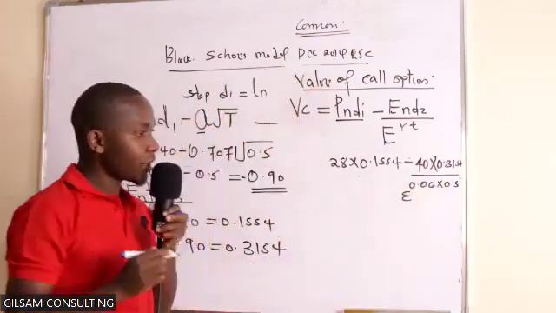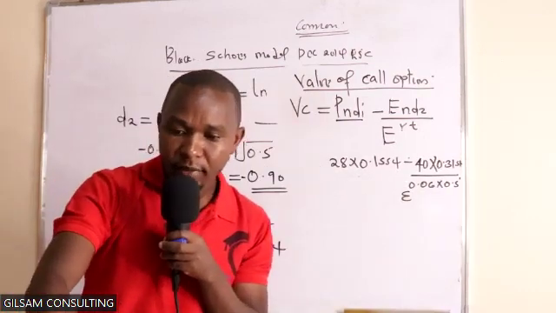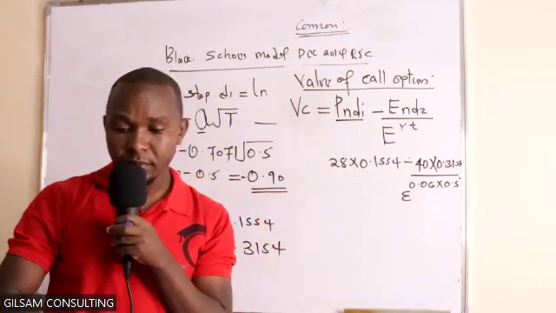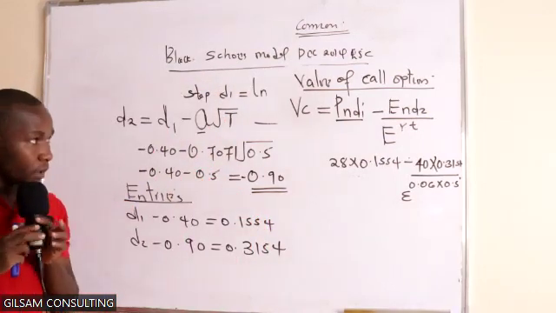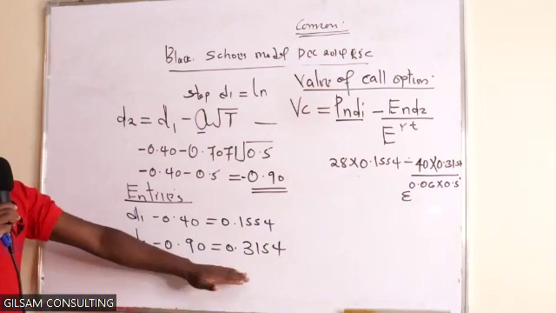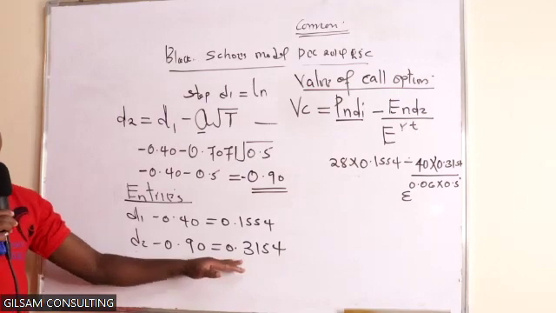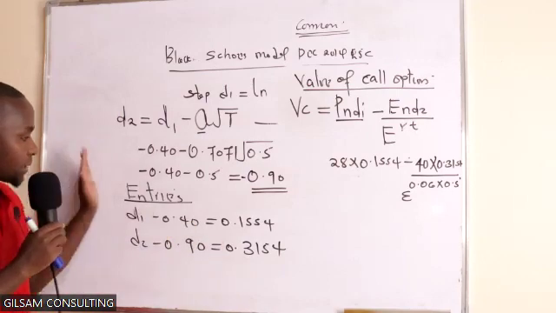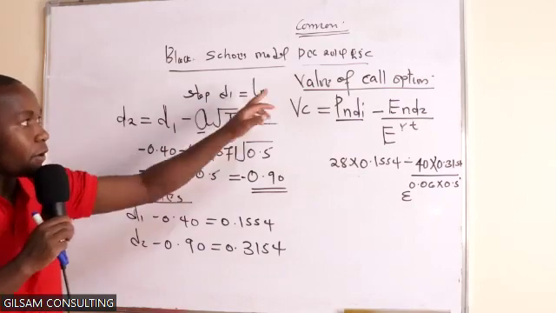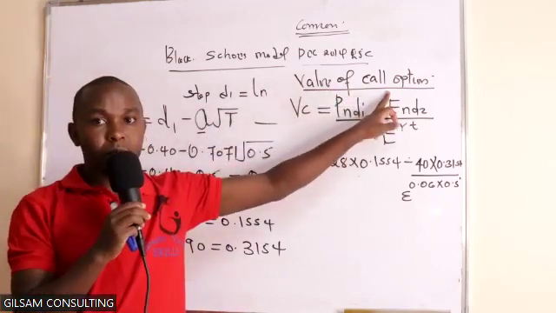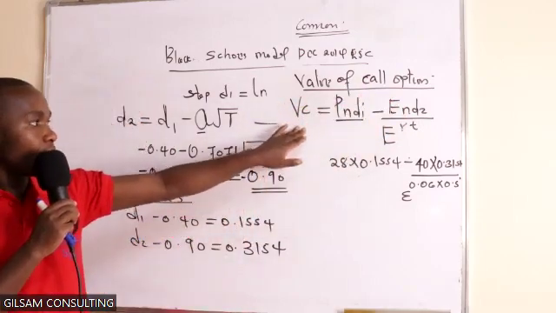Up to this point, you are okay, right? That is the first step, because the examiner was asking us for the value of the call option. So this is the formula for getting the value of the call option.